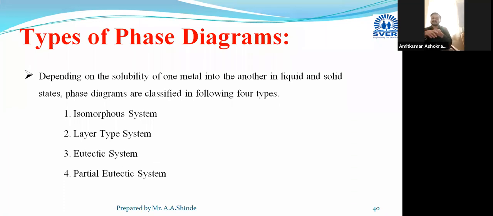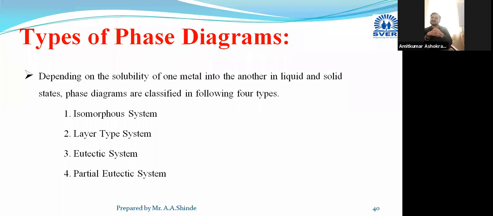This question is asked in the GATE examination. They are not going to ask this question in your university exams, but in competitive exams this type of question is there: calculation of the amount of solid and amount of liquid with the help of the given phase diagram, by referring to the given temperature and composition data.